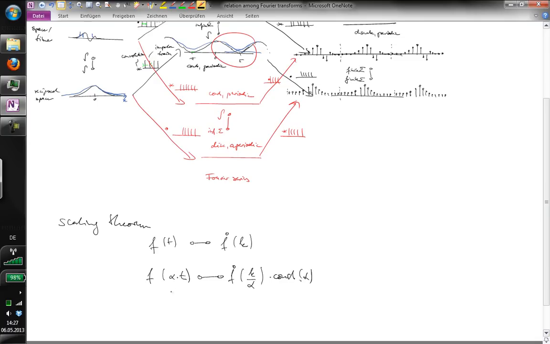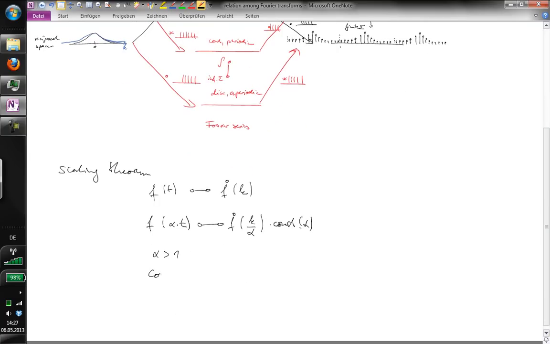So for alpha larger than 1, this would be a compression in the spatial domain and a dilation in the Fourier domain, and vice versa. So for alpha less than 1, this would be a dilation, and this would be a compression.